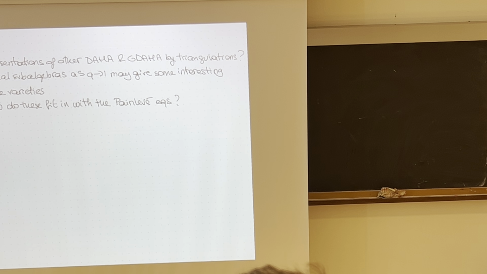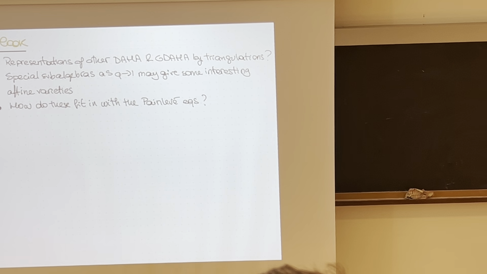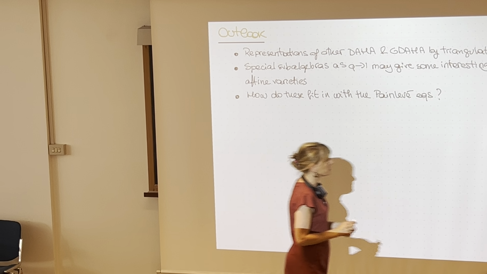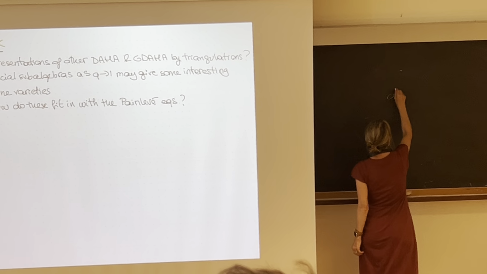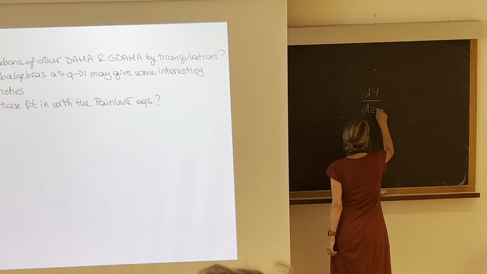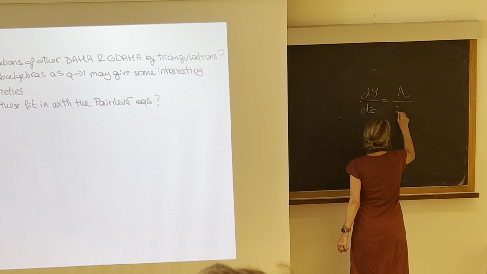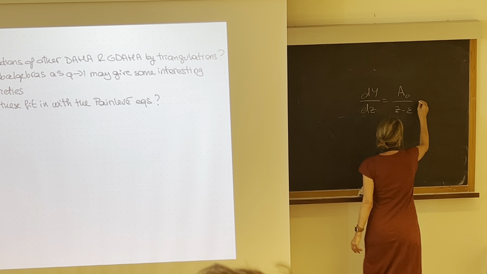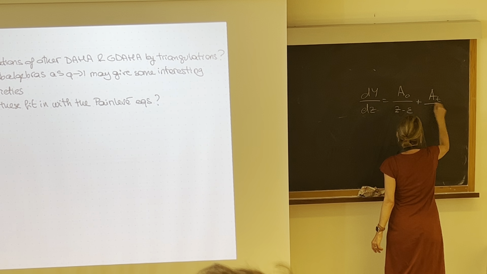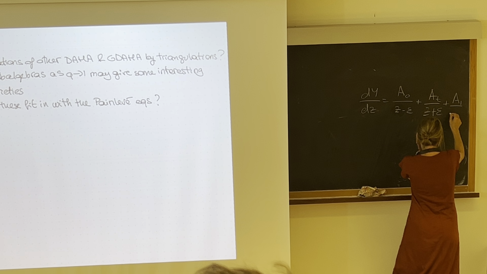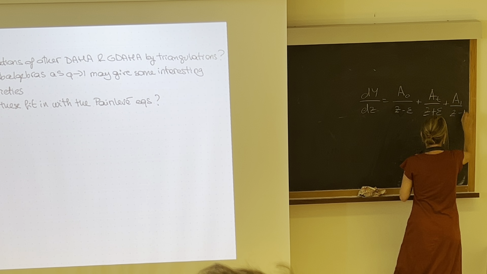Okay. Now, the main problem is that I haven't come up with a good way to confluence a 3x3 hypergeometric system to this Dubrovin system. The main reason being that when I confluence, so if I take a system of this form, say I will take A0 over Z minus epsilon, plus A_t over Z plus epsilon, plus A1 over Z minus 1.